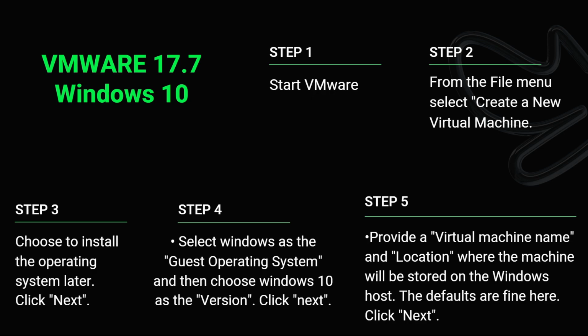The fourth step is to select Windows as the guest operating system and then choose Windows 10 as the version. Click Next. The last step is to provide a virtual machine name and the location where the machine will be stored on the Windows host. The defaults are fine here. Click Next.